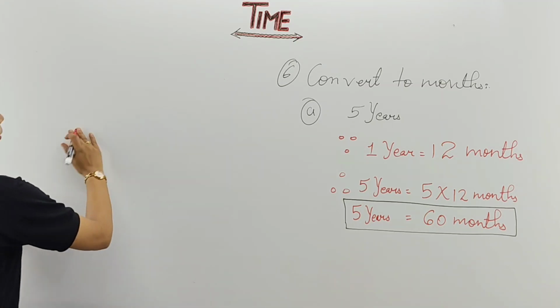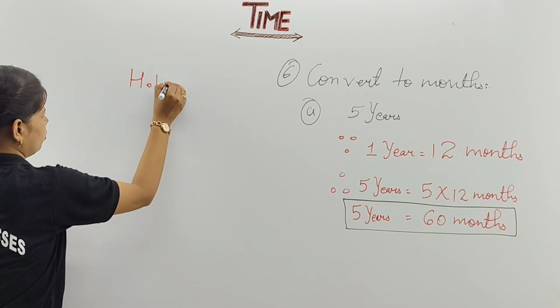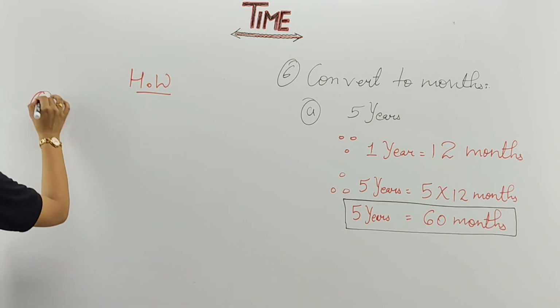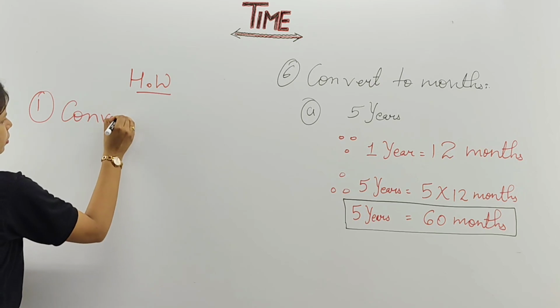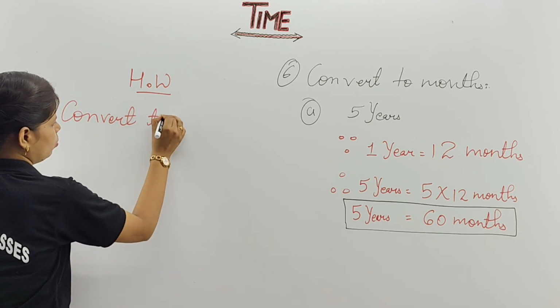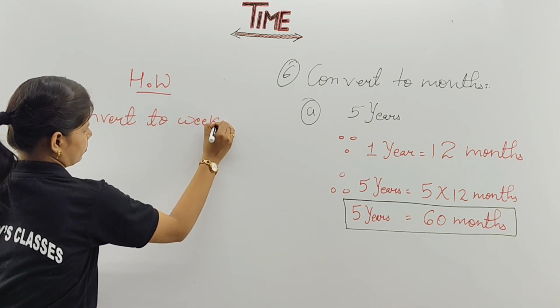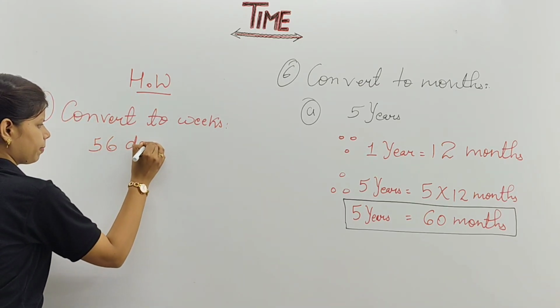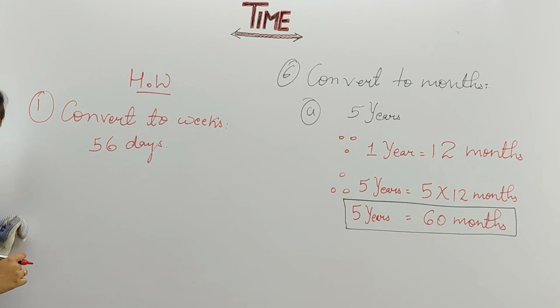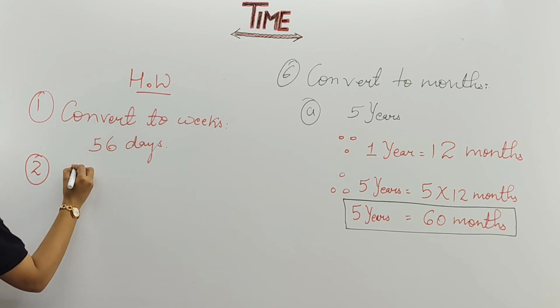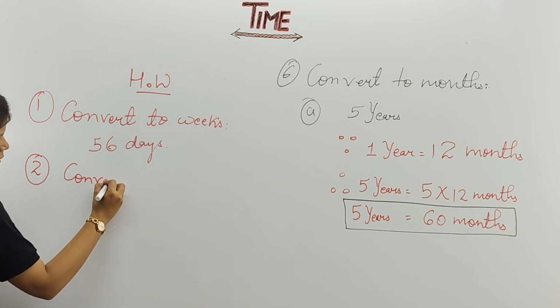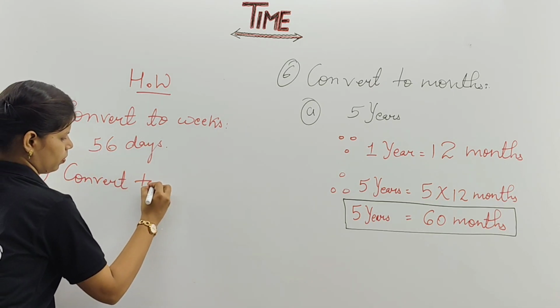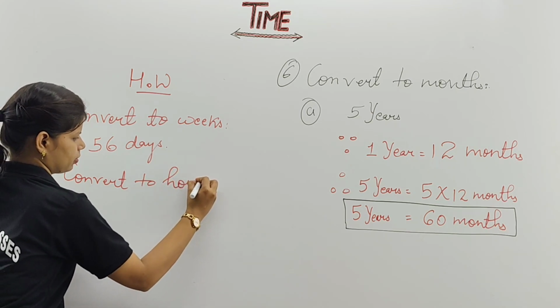First is your, please note it down, homework. First, convert to weeks. Convert to weeks. And your question is 56 days. This is your first question. I hope this red marker is visible to you. Clear? Next is your convert to hours.